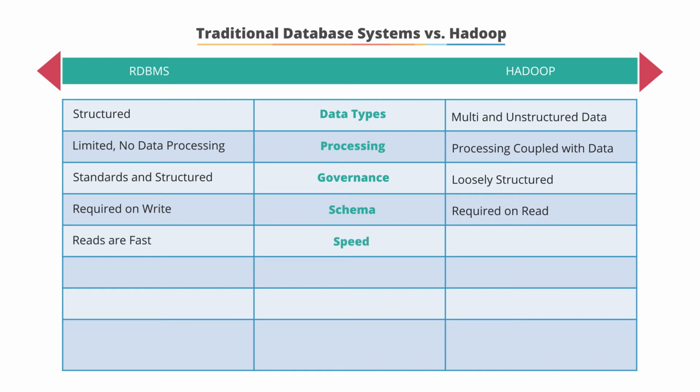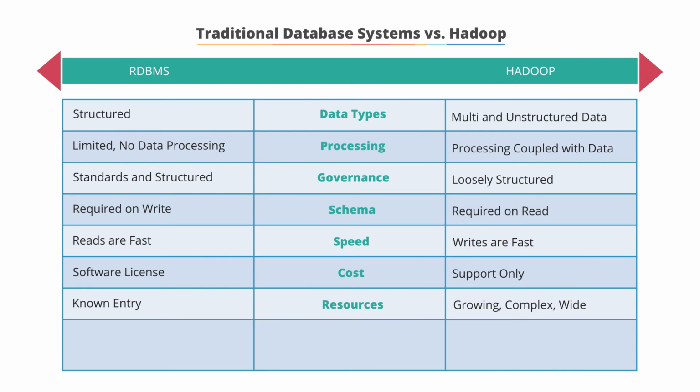The RDBMS speed is very fast for reads. On Hadoop, the writes are very fast. The cost on an RDBMS is the software license. The cost on Hadoop often is support only. The resources utilized on RDBMS are usually a known entity, whereas on Hadoop, it can be a growing set of data, very complex and very wide.